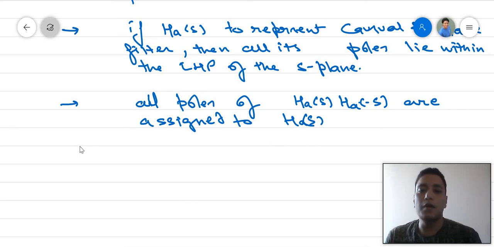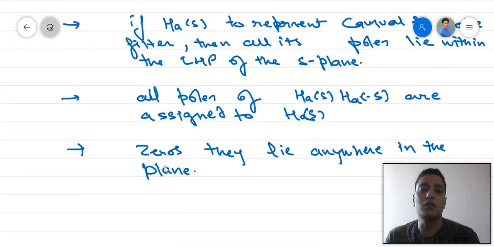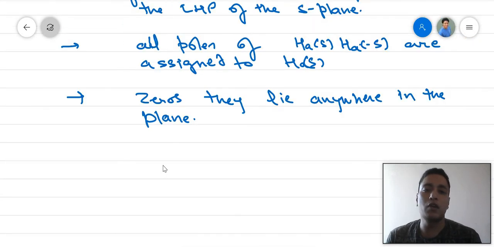After poles, there come zeros. Zeros can lie anywhere in the plane, so there is no restriction for zeros, but there is a restriction for poles.